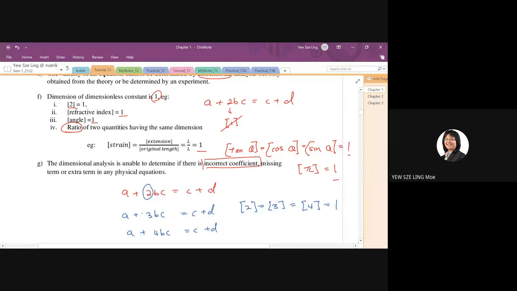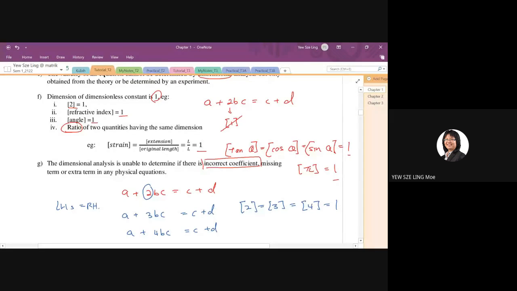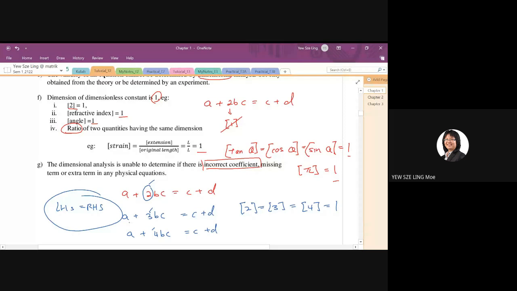So when you check the dimension, left-hand side is always equal to right-hand side, because the constant values 2, 3, and 4 won't affect the dimension. Therefore, you cannot tell whether this equation is correct or not. You can only say they are dimensionally correct because left-hand side equals right-hand side.